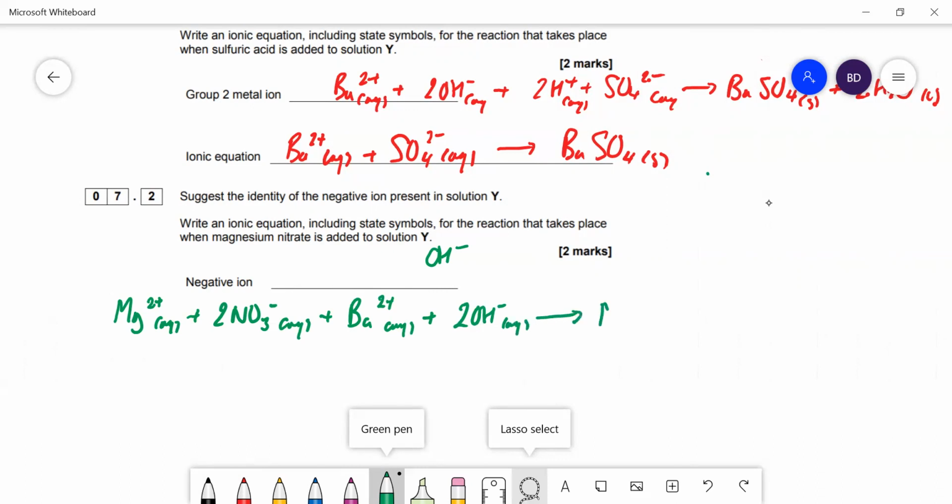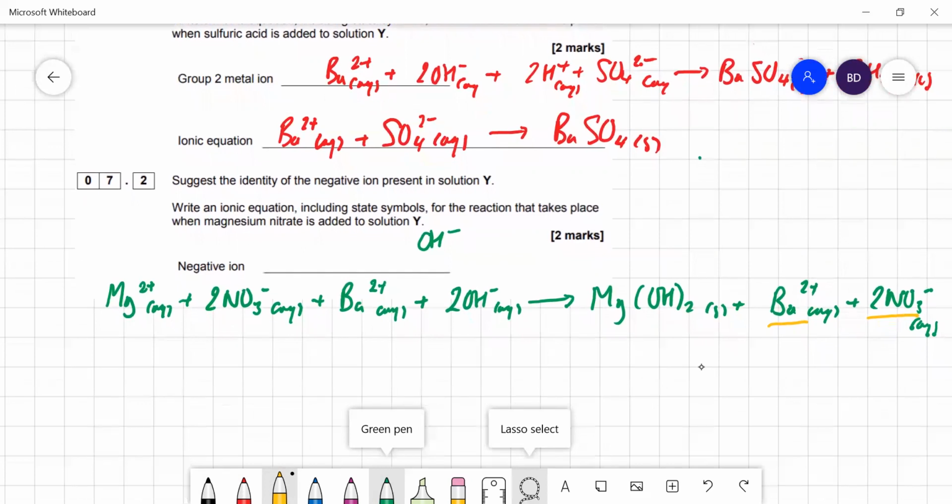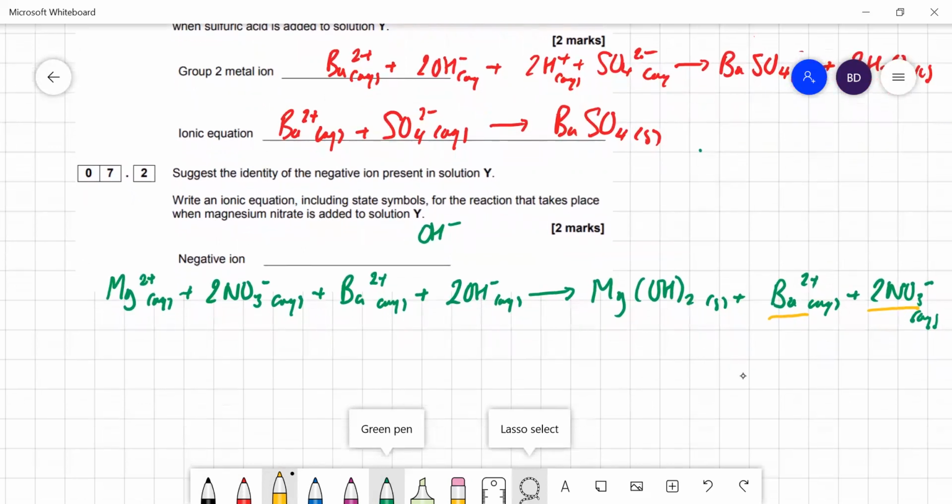We're going to get the precipitate of magnesium hydroxide solid, and left behind you're going to have barium 2+ and 2 nitrate ions. In that case they are spectator ions. The barium and the nitrate ions don't do anything, so it'd probably be okay to leave them out and just write the precipitation reaction between the magnesium and the hydroxide.